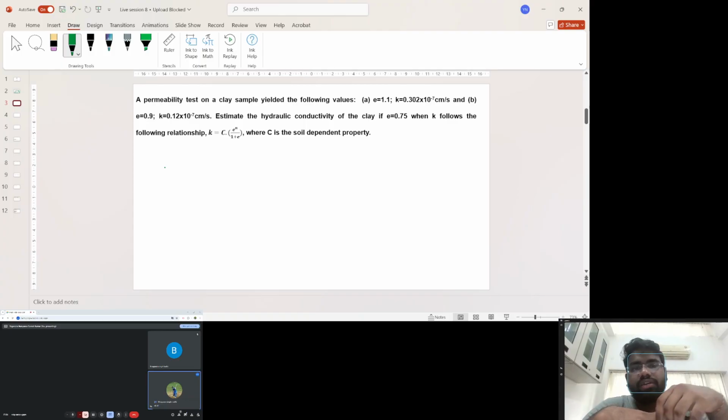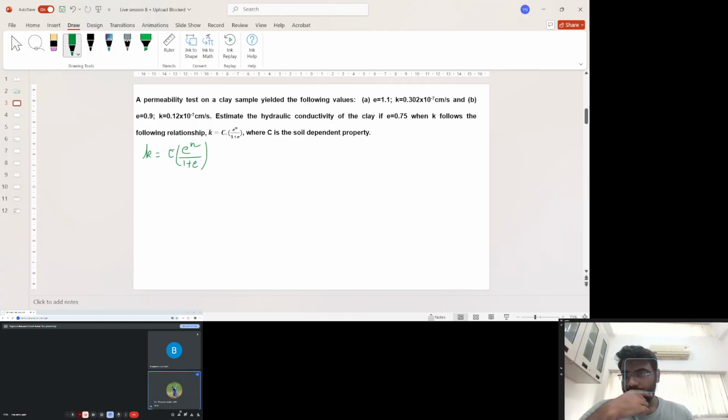Estimate the hydraulic conductivity of the clay if the void ratio is 0.75, when K follows the following relationship. So now the relationship between the hydraulic conductivity and void ratio is given. That is K is some constant C into e power n by 1 plus e.